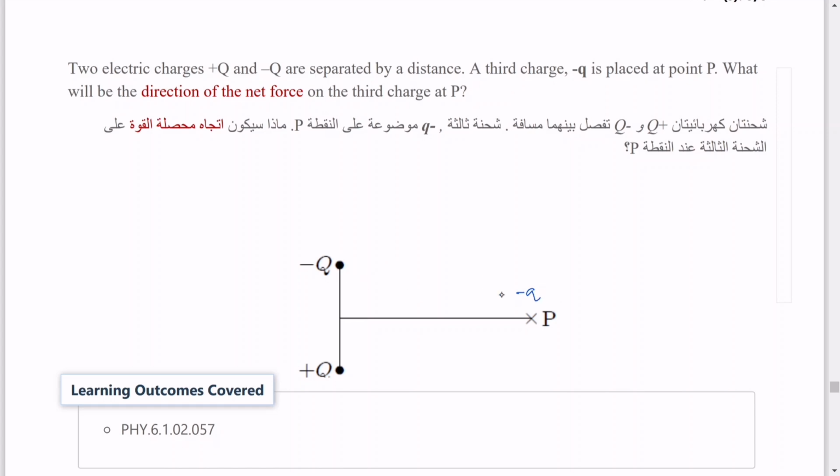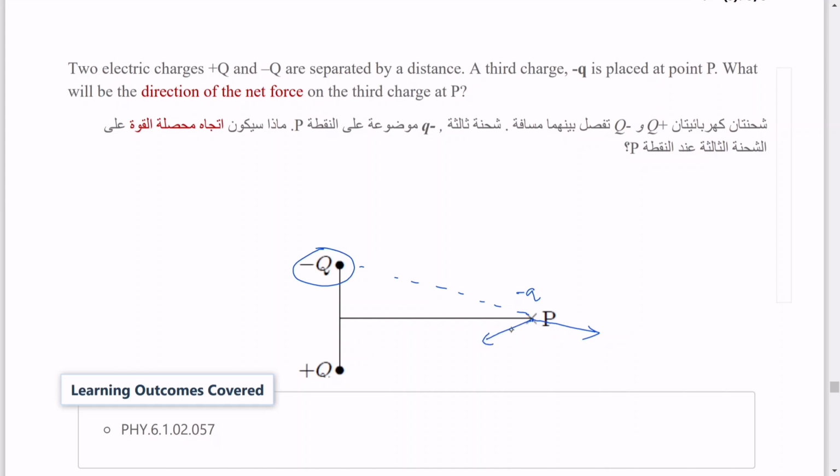So here you can see when there is a charge kept here at P, this is a negative charge, so this negative charge will apply a repulsive force on this negative charge here at P. So the direction of that force will be along this direction, and this positive charge will apply an attractive force. So that force will be along this direction.